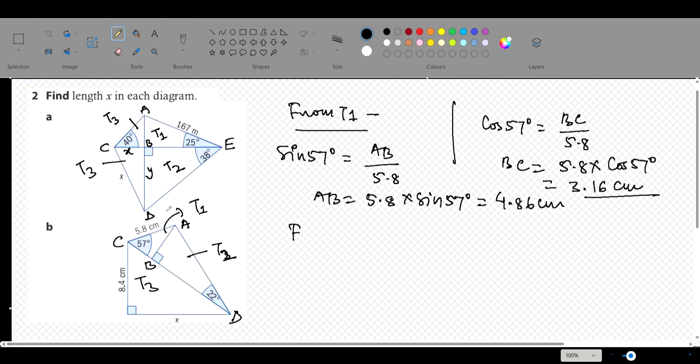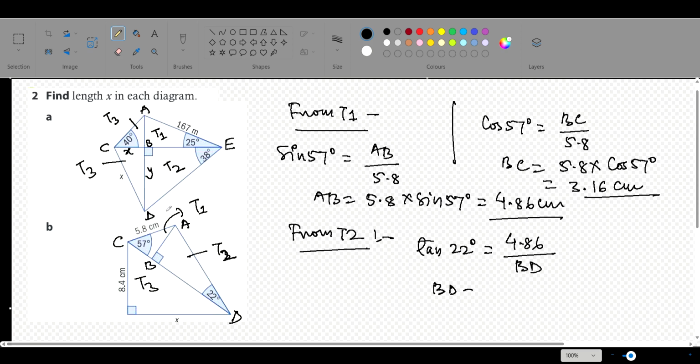So from triangle 2, we have opposite AB just found. We need to find adjacent, which is BD. So I'll use tan 22 degree, which is opposite AB, 4.86 upon adjacent BD.